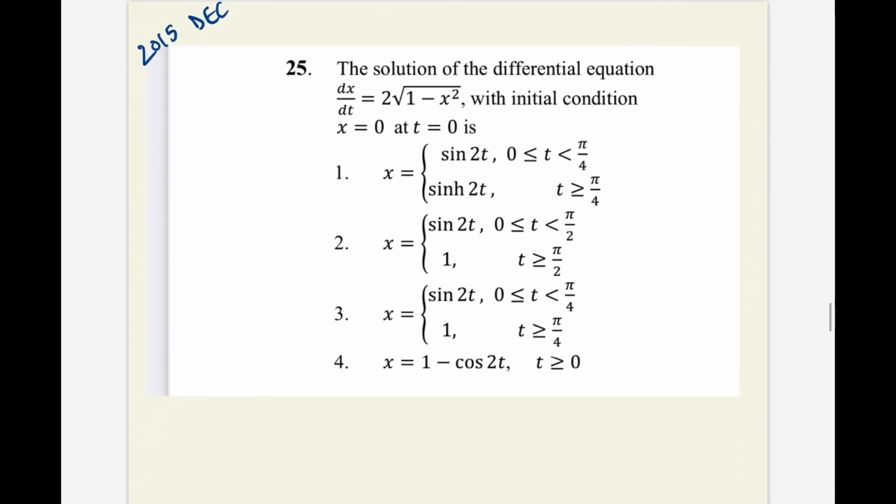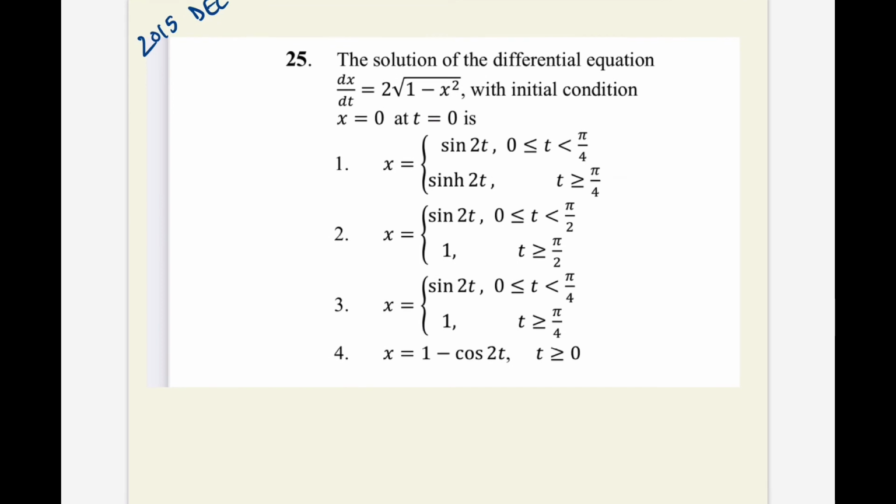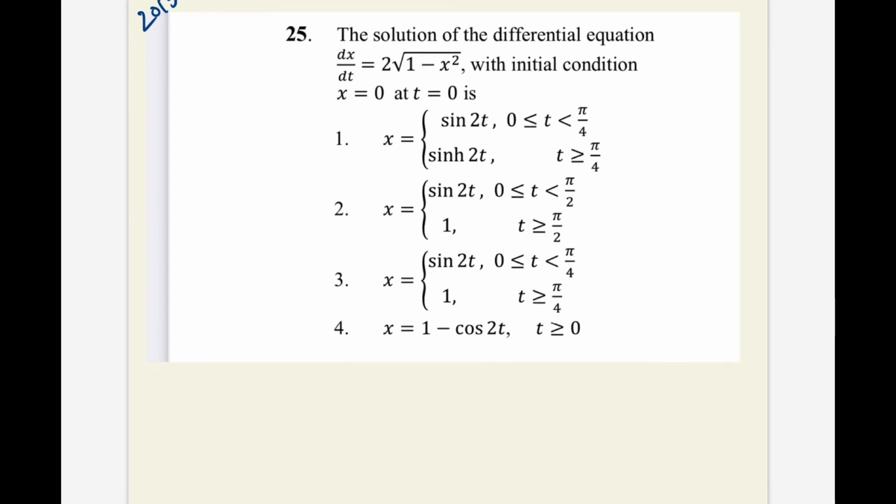Okay. Now another question is from 2015 December. The solution of the differential equation dx by dt equals 2 under root (1 minus x square) with initial condition x equals 0 at t equals 0 is. This equation can be solved very easily.